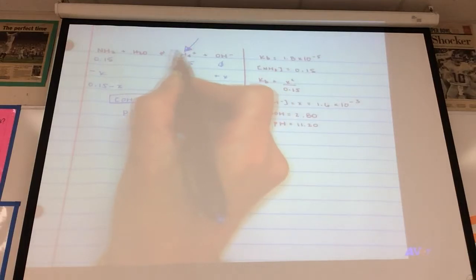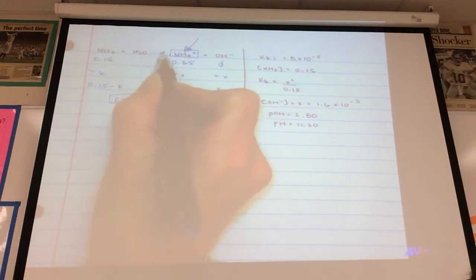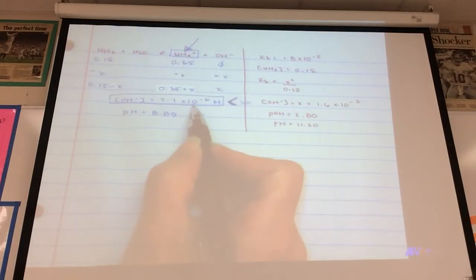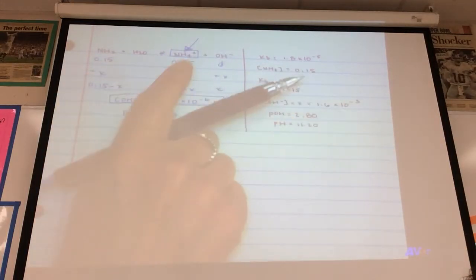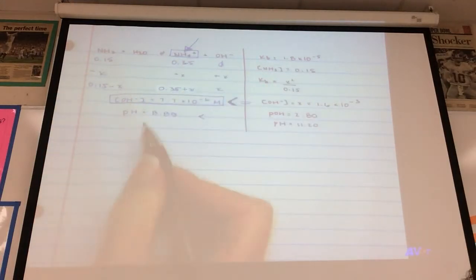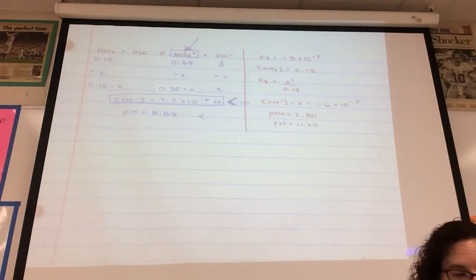So when you have a common ion, that effectively suppresses ionization, and you can see that because you generate a lot less hydroxide ion in this situation than you did if you had nothing here. And as a result, if you generate less hydroxide ion, the pH is going to decrease.